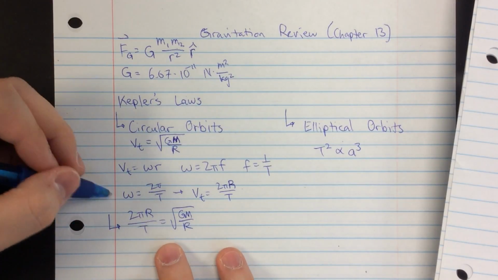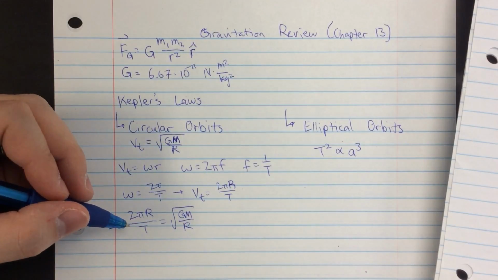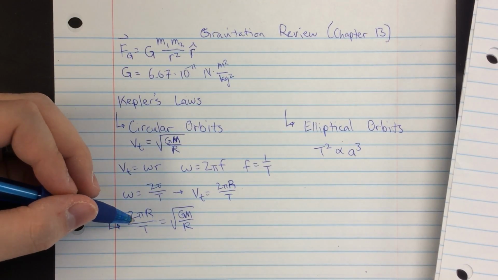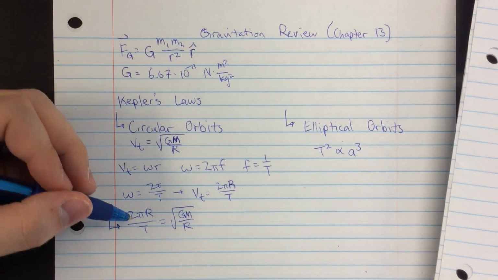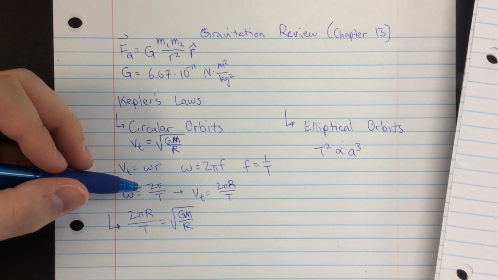What we're trying to do right now is demonstrate Kepler's third law again, that the square of the period is proportional to the cube of the semi-major axis. With a circular orbit, that semi-major axis is your radius.